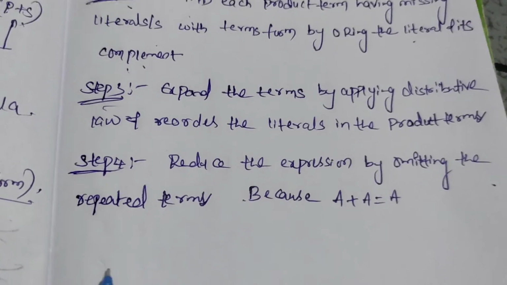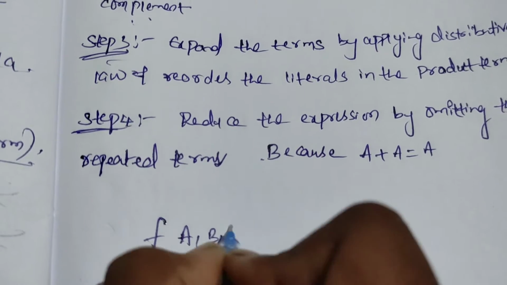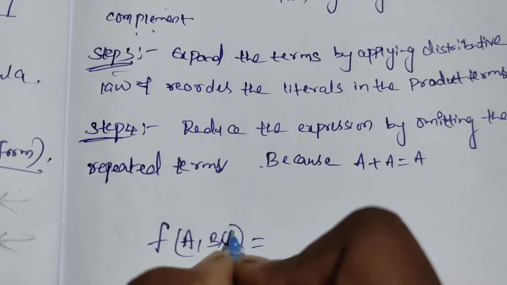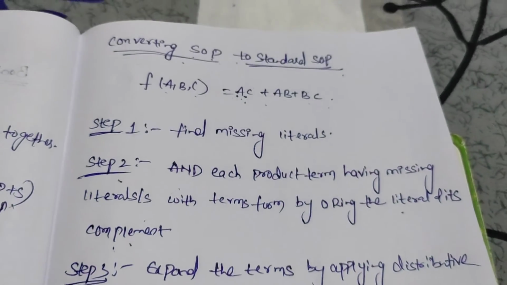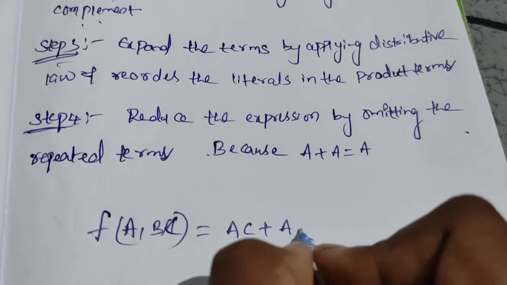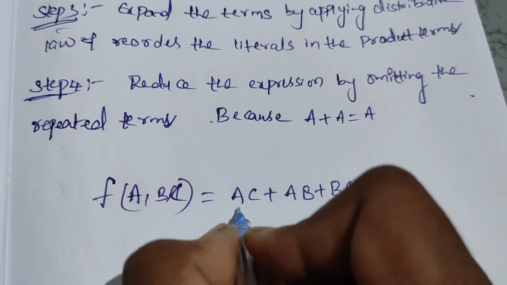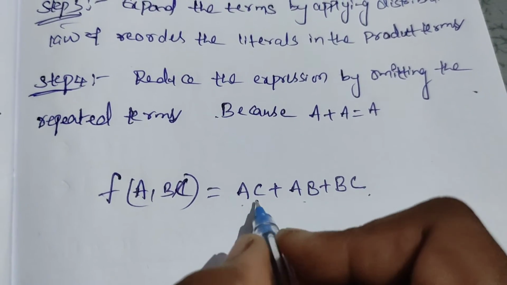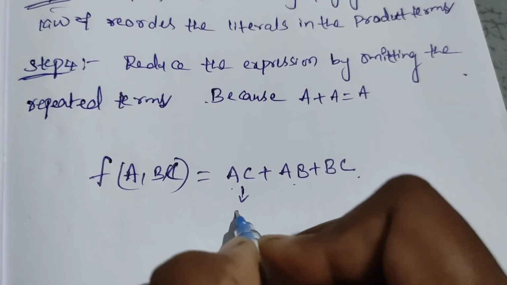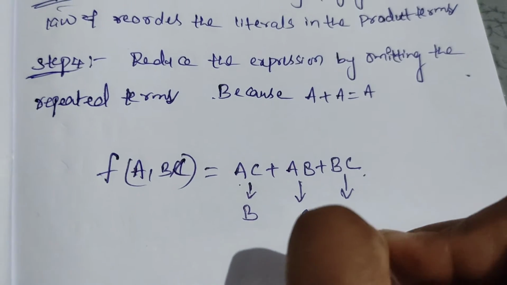So let us solve the above example. F of ABC is equal to AC plus AB plus BC. So it has 3 product terms, in which in the first one B is missing, and in the second one C is missing, and in the third one A is missing.